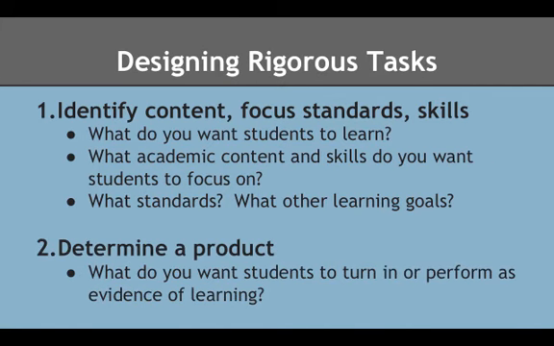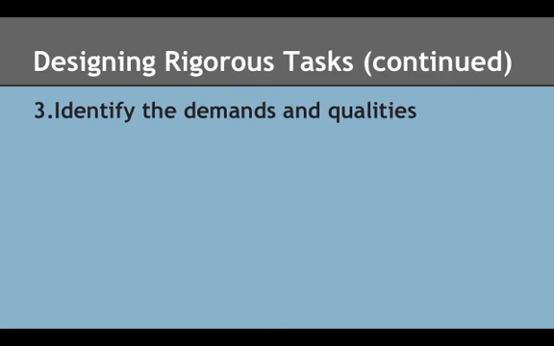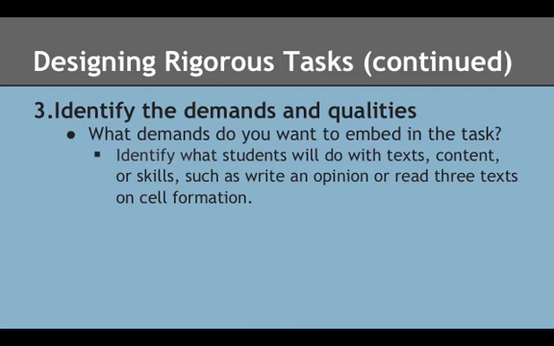Second, determine a product. What do you want students to turn in or perform as evidence of their learning? Third, identify the demands and qualities. What demands do you want to embed in the task?